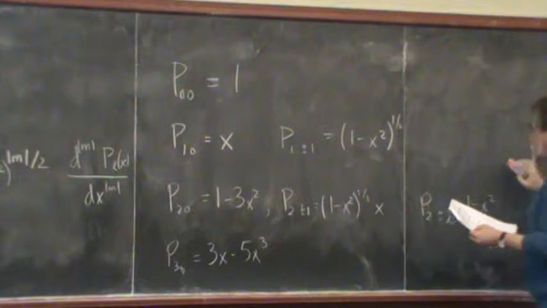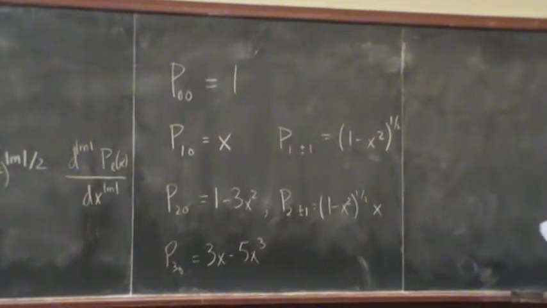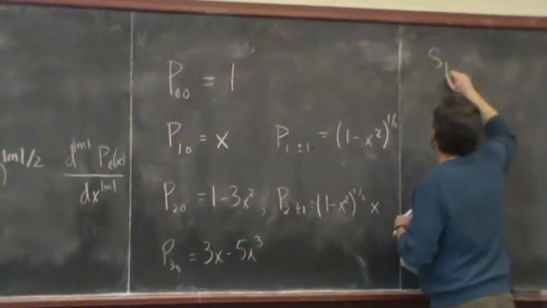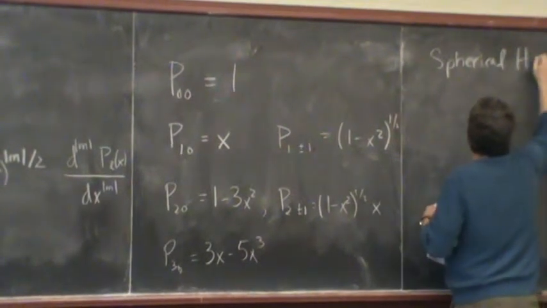And those can be written, or are written, in normalized form. They are called spherical harmonics.